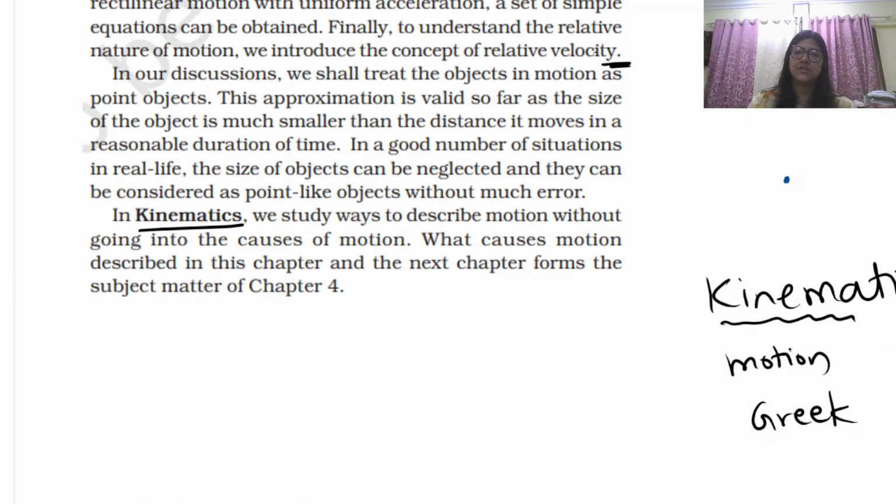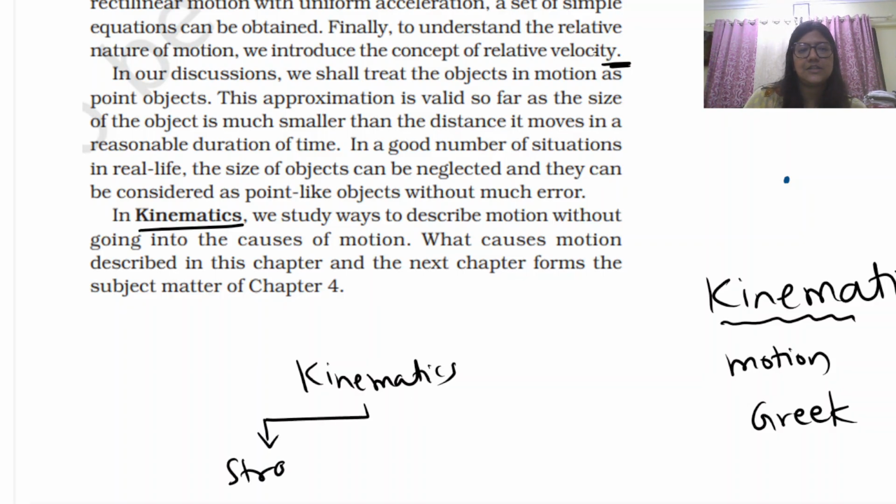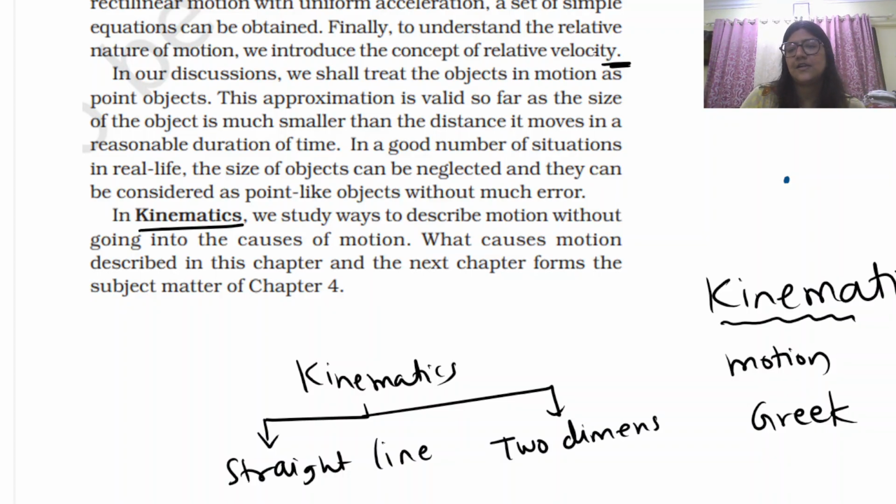So this is part of kinematics. In kinematics, we are studying motion. One of them is motion in a straight line. The other one can be motion in a curve, or maybe in two dimensions. Now, what are dimensions? That's okay. If you don't understand it right now, this will be covered later.